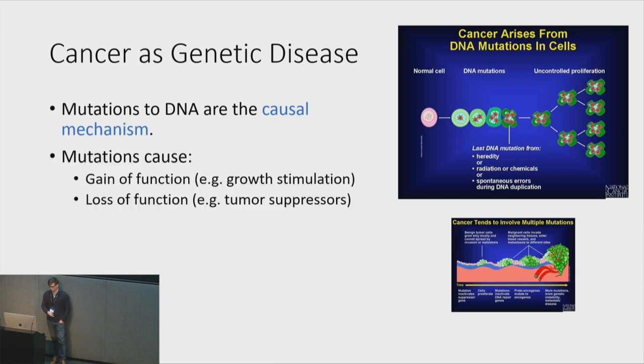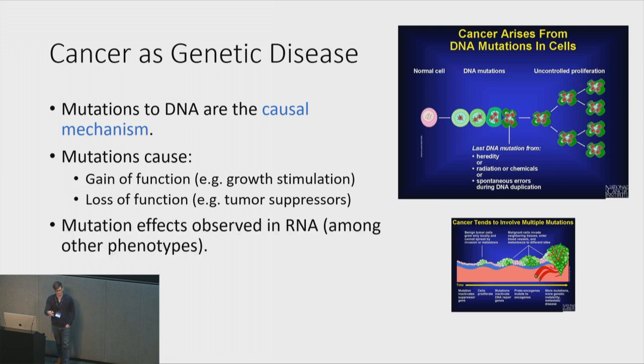And these advantages that it gains can be either a gain of function, so it can start generating its own growth stimulation, or it can lose some function, like checkpoints in the cell cycle, or lose the ability to suppress tumors.